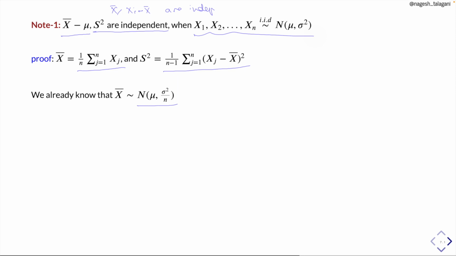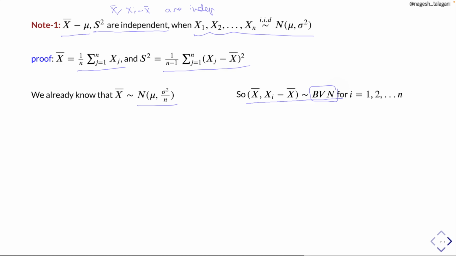Fine. Now x bar is normal, xi minus x bar is normal, so the joint distribution of x bar and xi minus x bar will be bivariate normal distribution for all i equal to 1 to n. And we know that when (x, y) follows the bivariate normal distribution, the covariance of x, y equal to 0 implies x and y are independent, right?